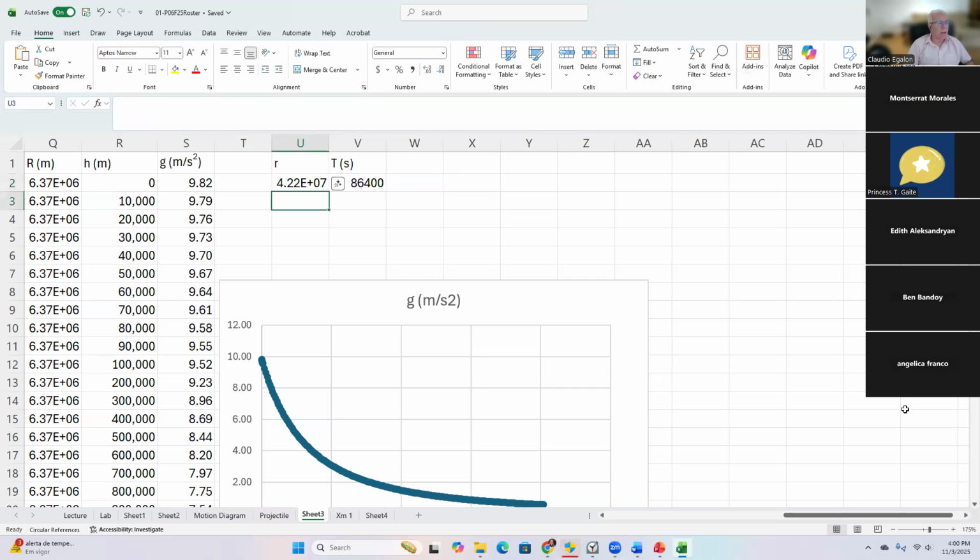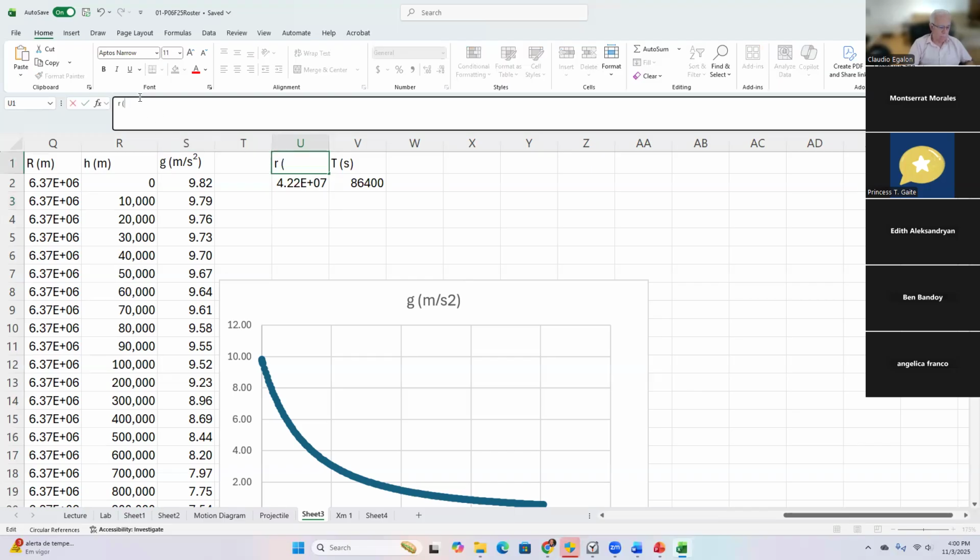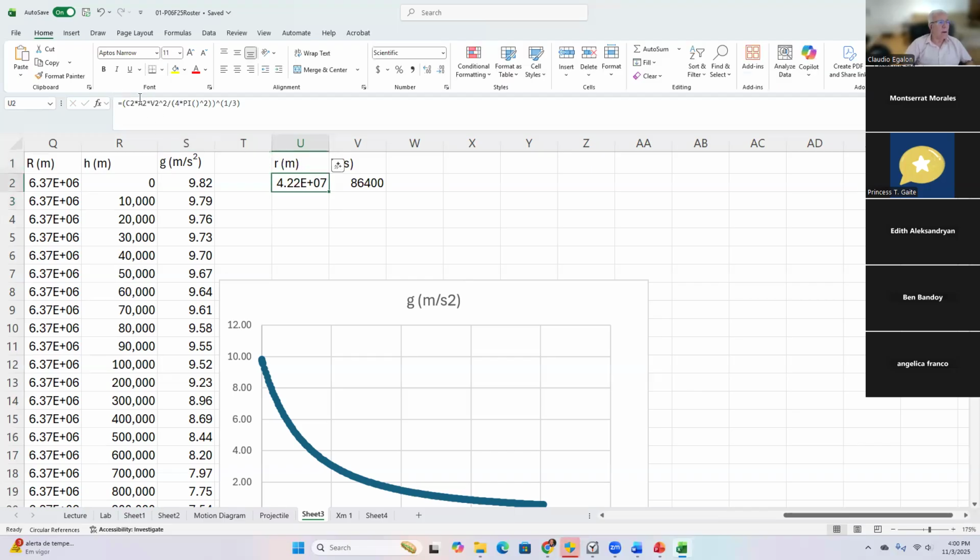And now let's take a look. Let's see what this number is. It's 42,200,000 meters. Okay, here you go. And I'm going to divide that by 1,000 to get that in kilometers, so we can understand this number better.